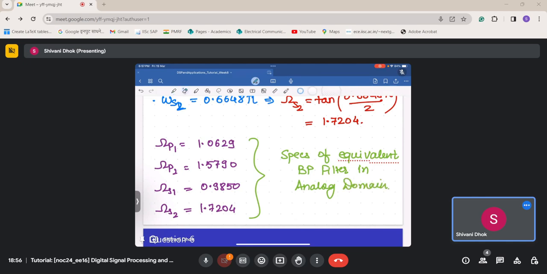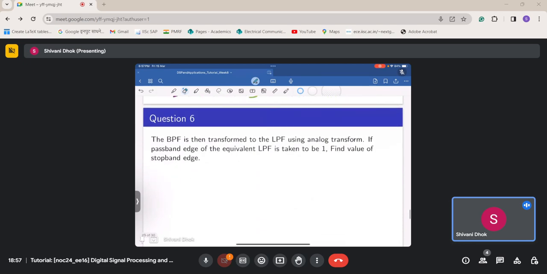Any questions here? Okay. If there are no questions, then this was step 2 for this particular filter designing process. Let's move on to step 3.